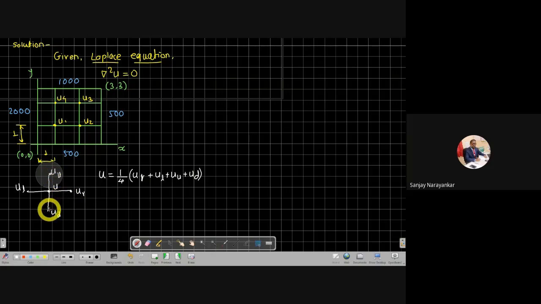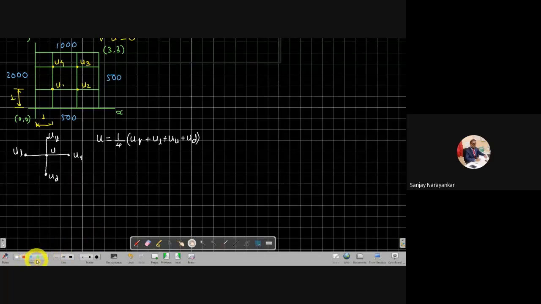So what is this basically? Let us try to understand how we can use this formula to find the values of u1, u2, u3, u4. We have discussed all this in the theory class, but again as a part of revision. First, for u1, we are going to find out this value.